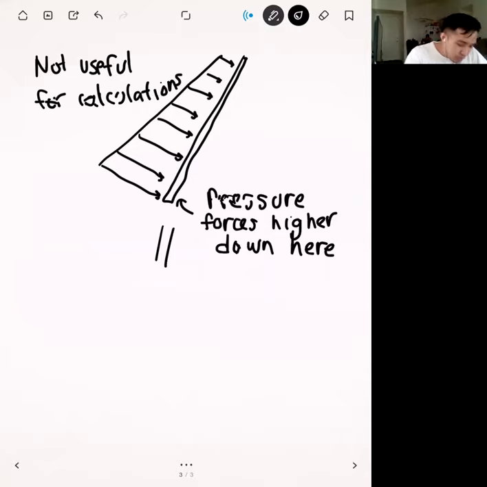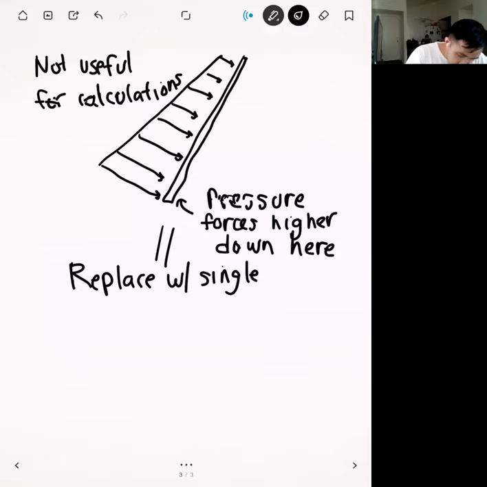And so what we want to do, so that we can use it together with free body diagrams and stuff like that, is replace this distributed force with a single force vector. And we often call this force vector the resultant force.